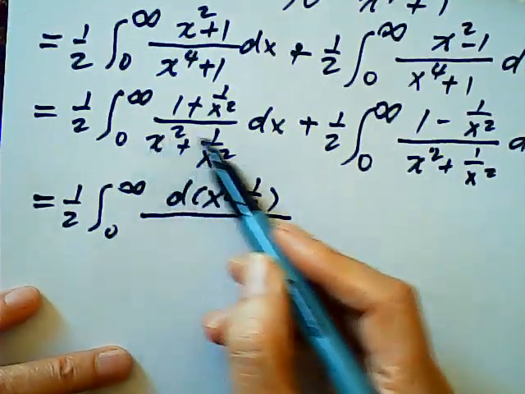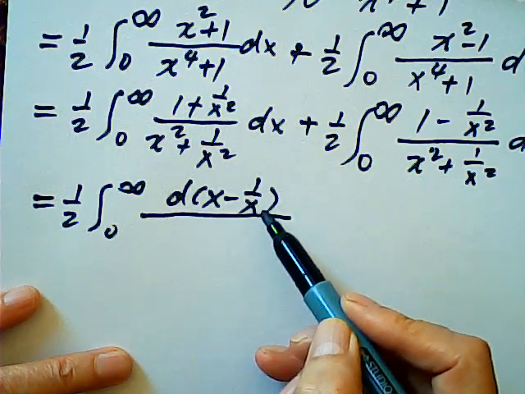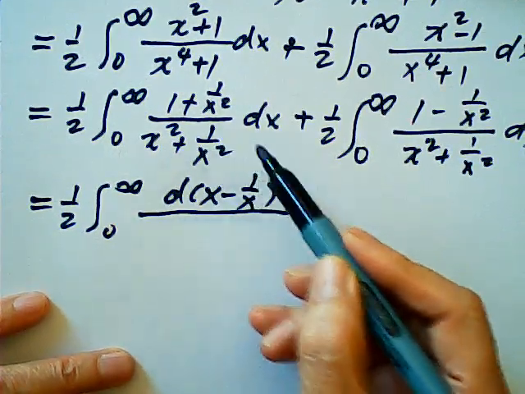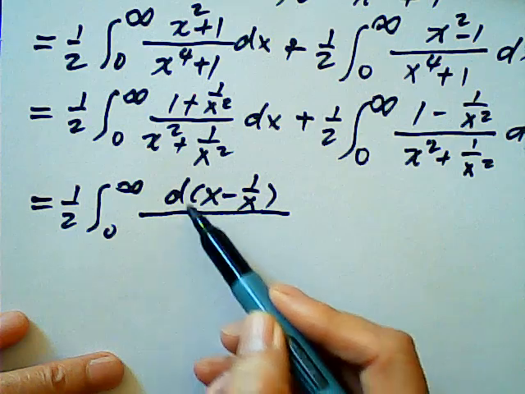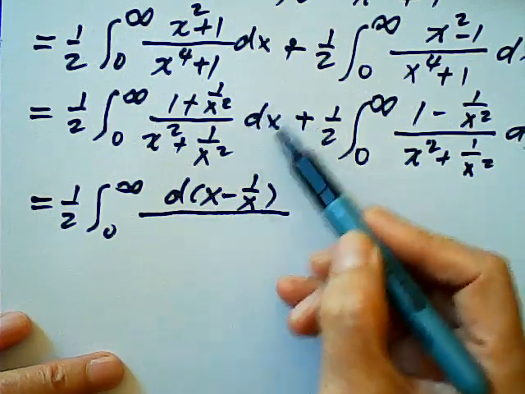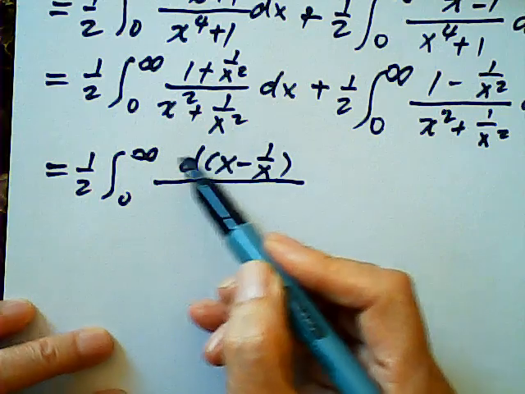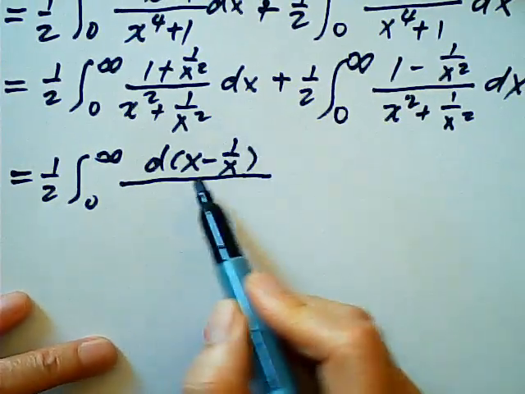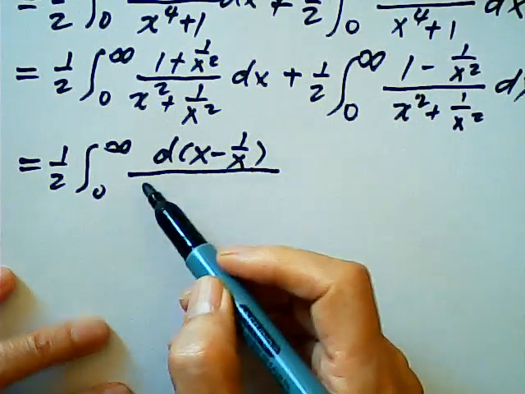And I have to change the denominator into a function of x minus 1 over x, which means I'm integrating with respect to x minus 1 over x instead of integrating with respect to x. So the denominator has to be changed into this form. How? Well, it's possible, right?